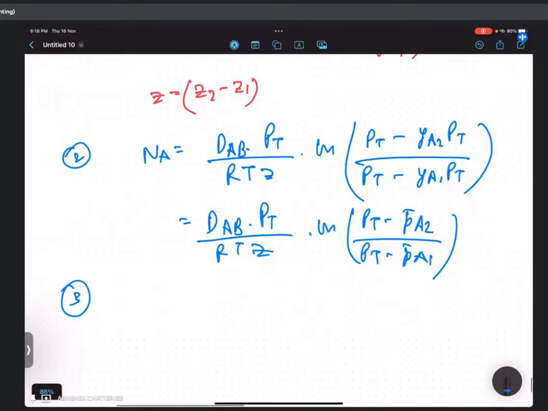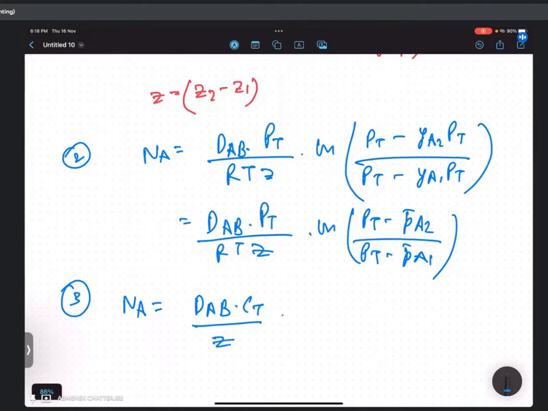Now suppose you want to represent it in terms of concentration. So how to represent it? What is concentration? Total pressure divided by RT. So this will give you CT, total concentration, and into ln. Total pressure will be again equal to CT by RT. Partial pressure will be equal to CA2 by RT.